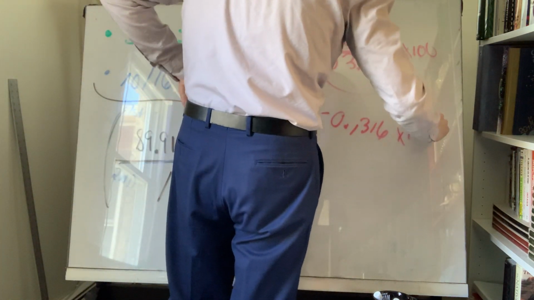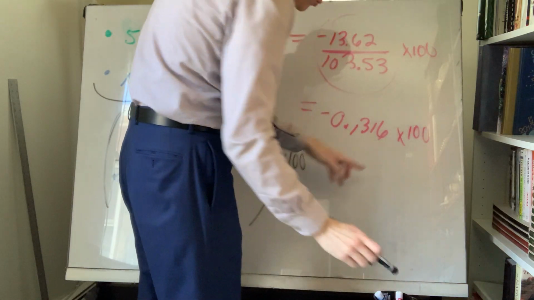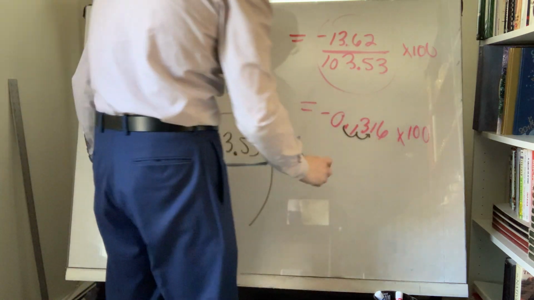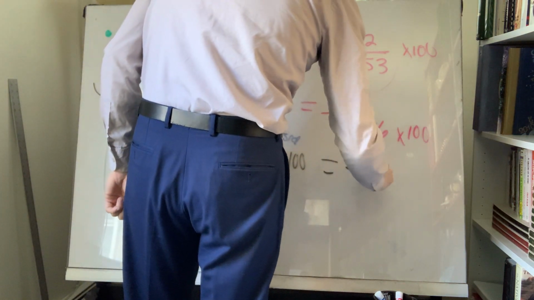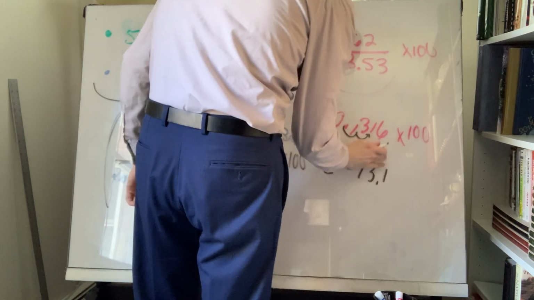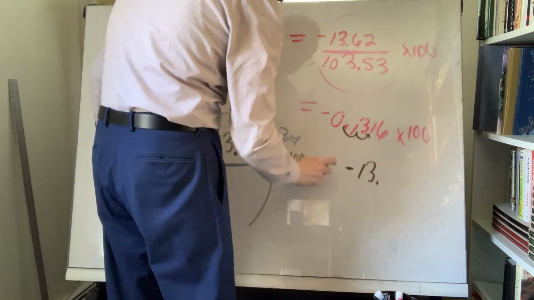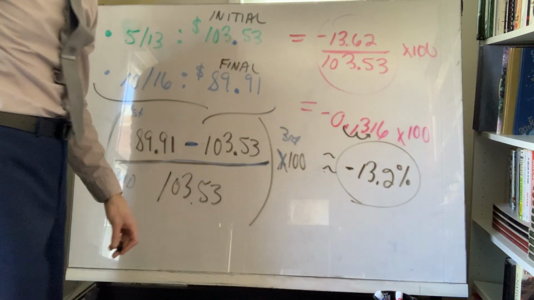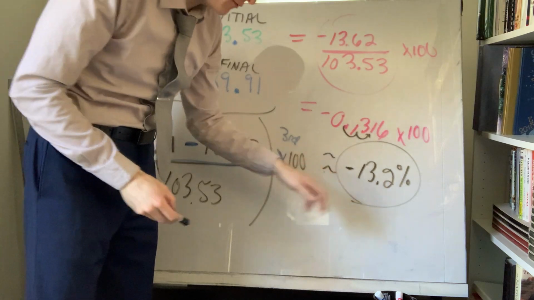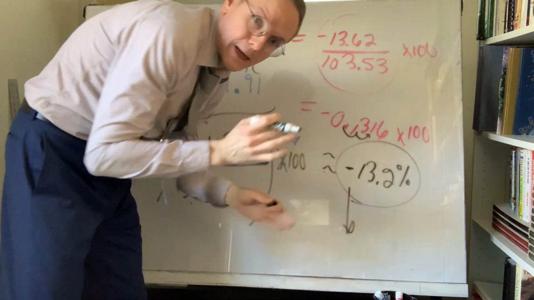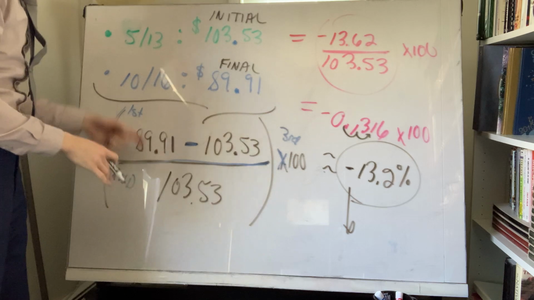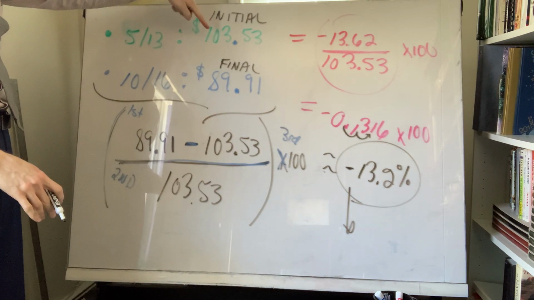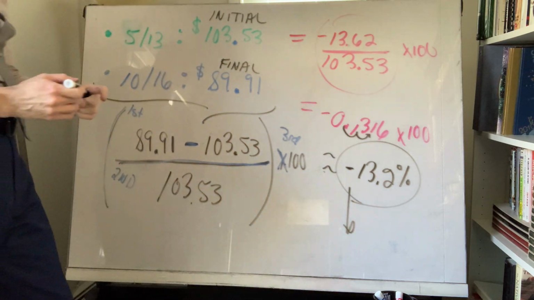Then times 100. Remember the shortcut: when you multiply by 100, it just moves the decimal point two places to the right. So you end up with negative 13.1, or rounded, about negative 13.2%. Again, negative means it went down. You don't need the calculation to know that; it just validates what you'd understand intuitively, since the number started higher and went lower over the course of time.